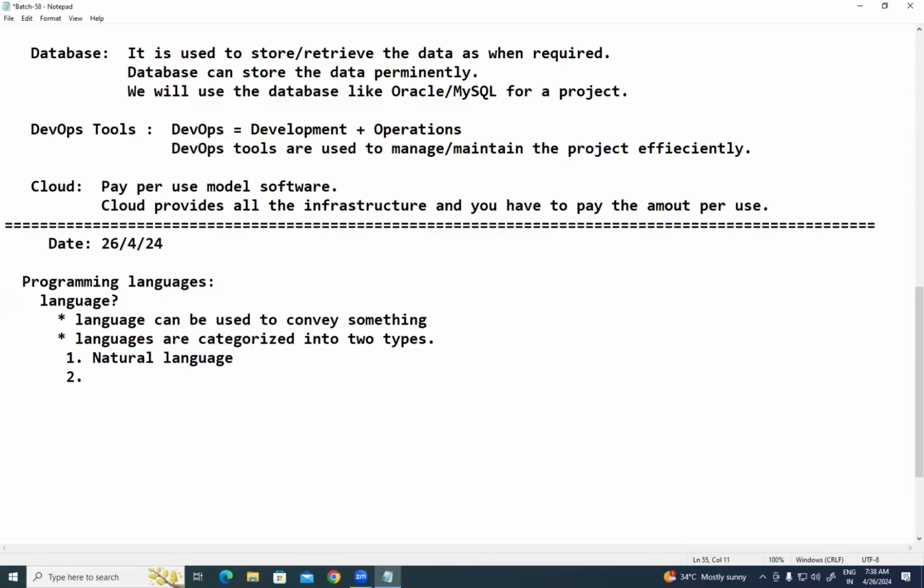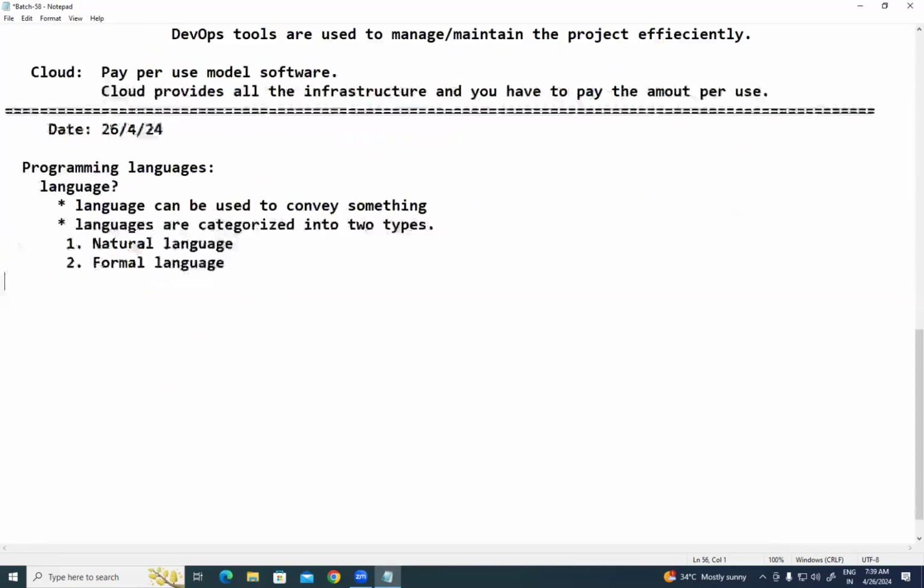Second one is, can you expect the second one? It's difficult to expect. The second one is formal language. Folks, one is a natural language and second one is formal language.